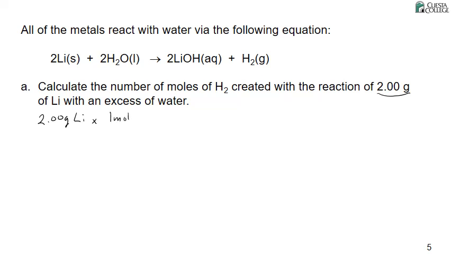we need to convert that to moles so we can use the mole-to-mole ratio from the chemical equation. From the periodic table, we can see that 1 mole of lithium is equal to 6.941 grams. From the chemical equation, the mole ratio of lithium to hydrogen can be seen as 1 mole of hydrogen for every 2 moles of lithium.